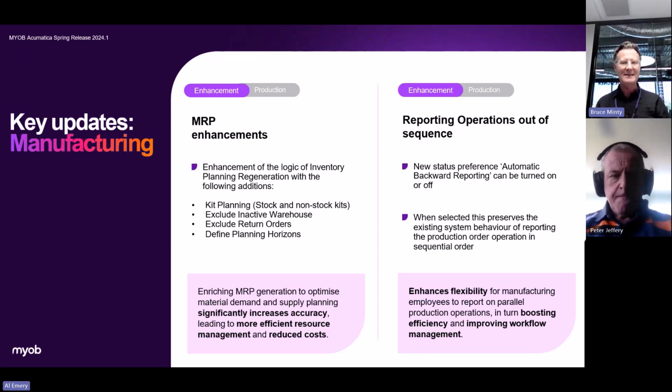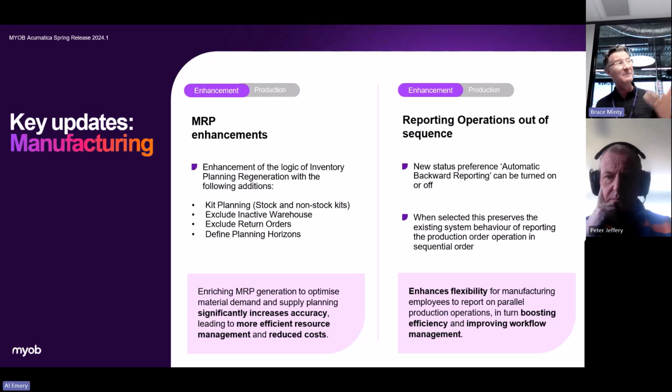So if a kit existed on a sales order line, the planning user had no visibility of the component requirements needed to assemble that kit for that sales order. And so now in that enhanced inventory planning process, be it the previous MRP process, it now blows down demand through that kit specification to calculate the planned demand values on those particular stock components that are required to assemble that kit. So that obviously addresses a significant shortfall as well.